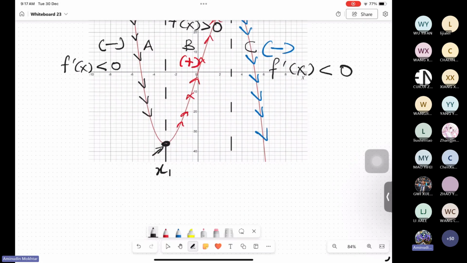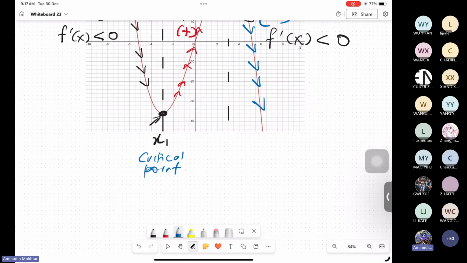This x1 is also known as a critical point. At this critical point, the first derivative equals 0.